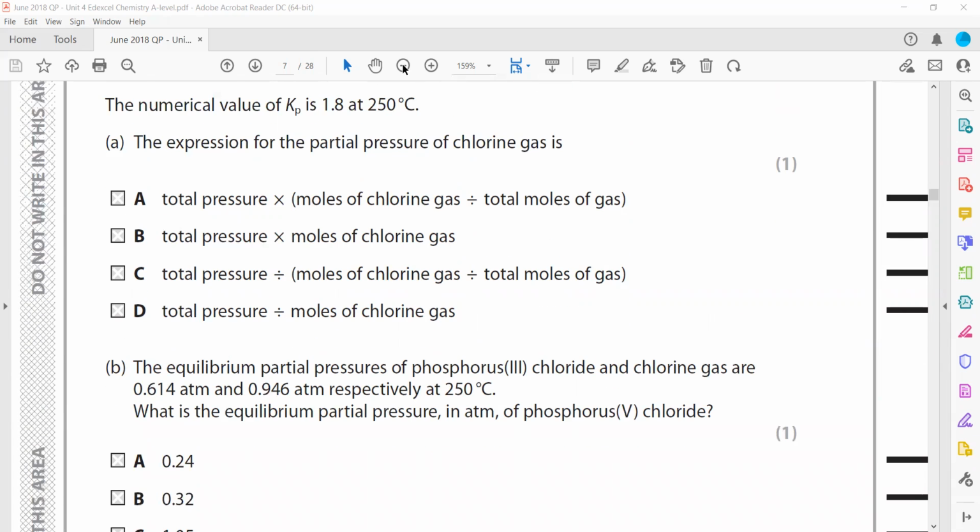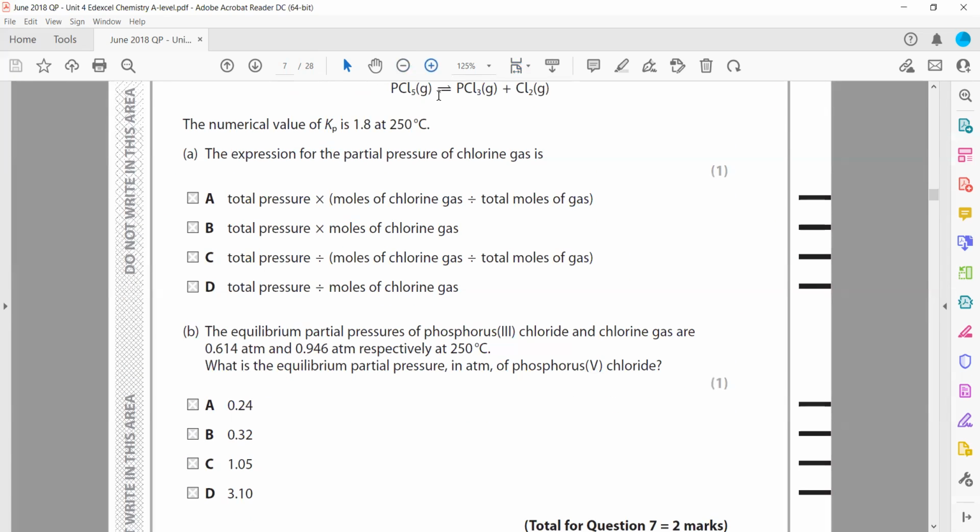We can work it out by using the formula Kp equals the pressure of product, the pressure of PCl3 multiplied by the pressure of chlorine, divided by the pressure of PCl5. So Kp is 1.8.